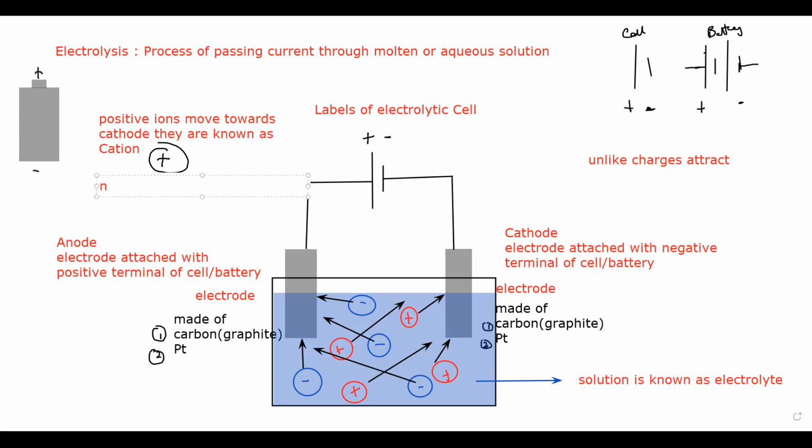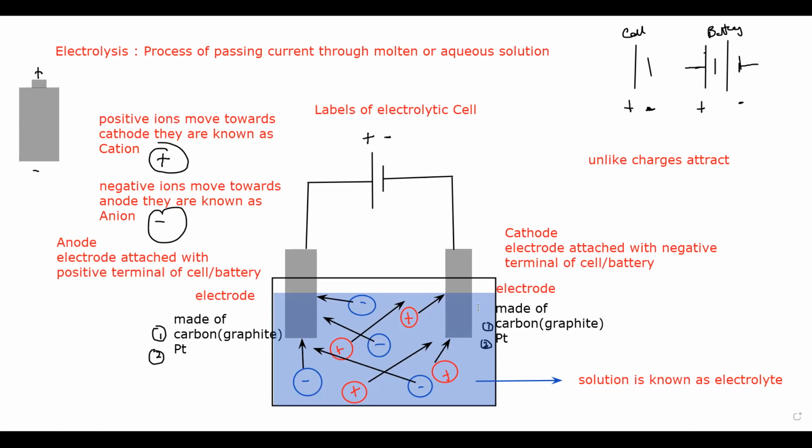So the negative ions will move towards the anode, and they are known as anions. So negative ions are known as anions and the positive ions are known as cations.